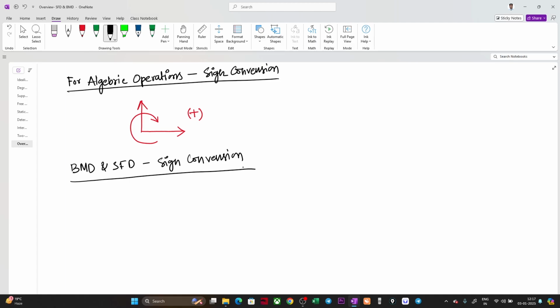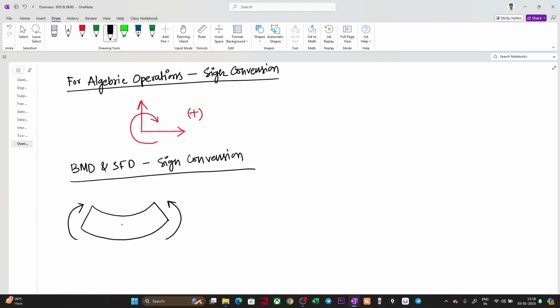We'll be following a sign convention which is like this. Let me show you. A beam or any member which is bending like this is due to moments which are like this, right?